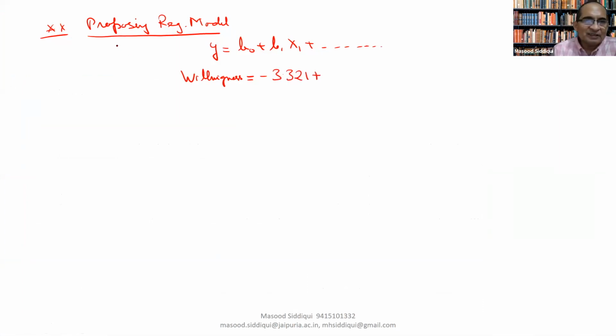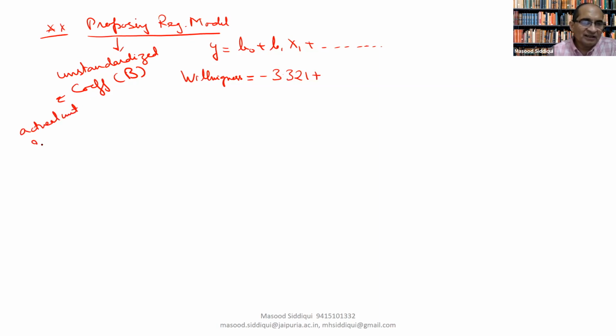Now, one thing is important: when we propose the regression model, we use the unstandardized coefficient, or B. Why do we use the unstandardized regression coefficient B? Because they are in the actual unit and scale of measurement.